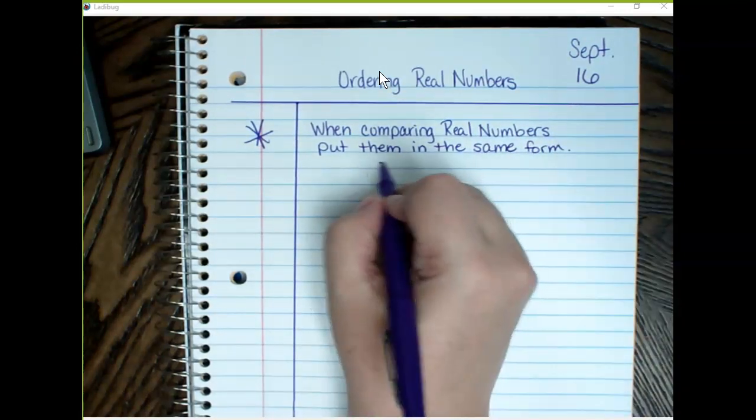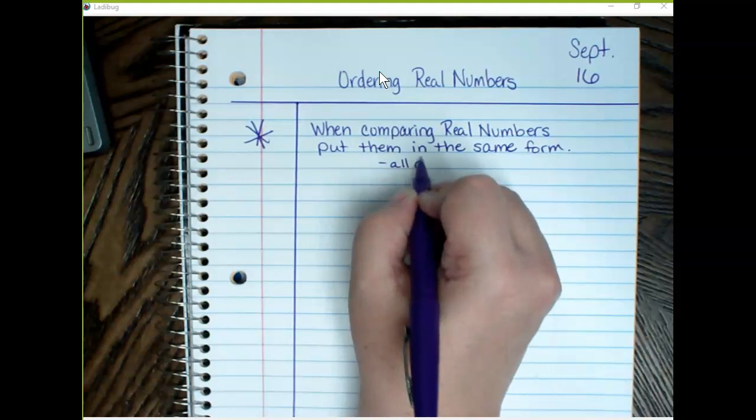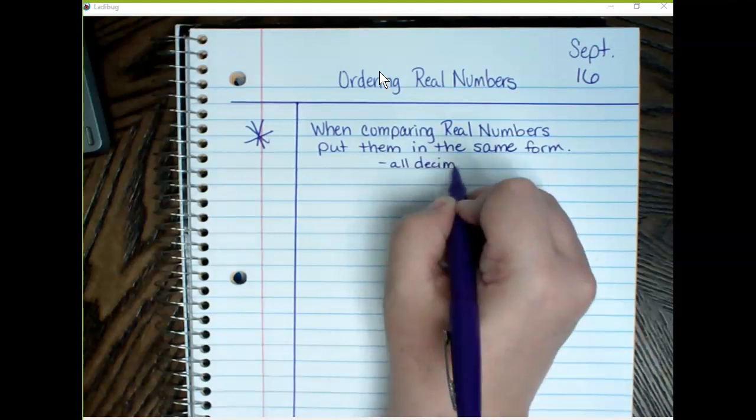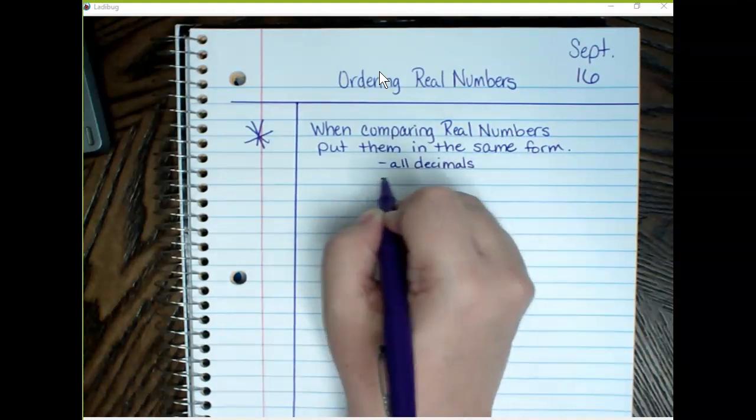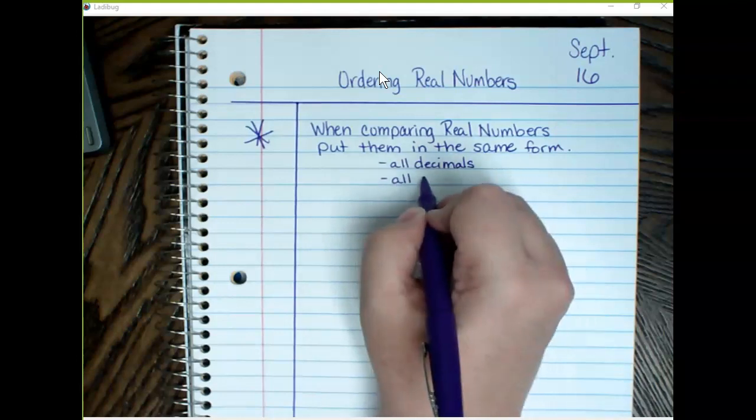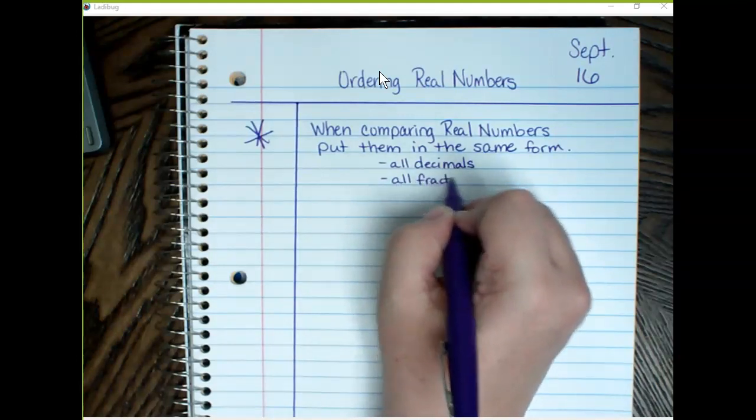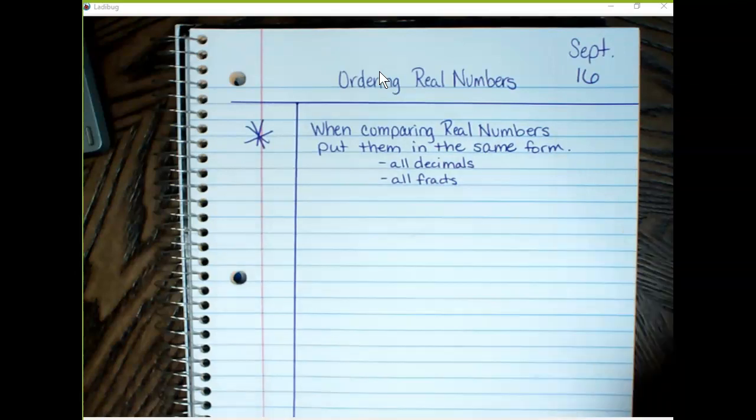And that form could be all decimals. It could be all fractions with common denominators. Oops, misspelled it.